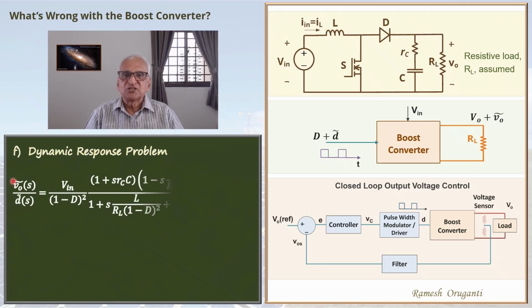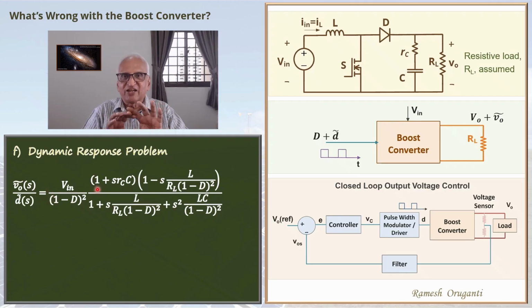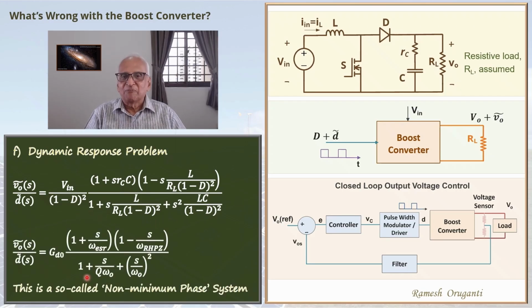That transfer function is given by this. This part is the DC gain. This is the numerator polynomial factorized here. This is the denominator polynomial. We can rewrite this in this form. The parameter Q, the parameter omega naught can be defined such that you get the denominator polynomial.